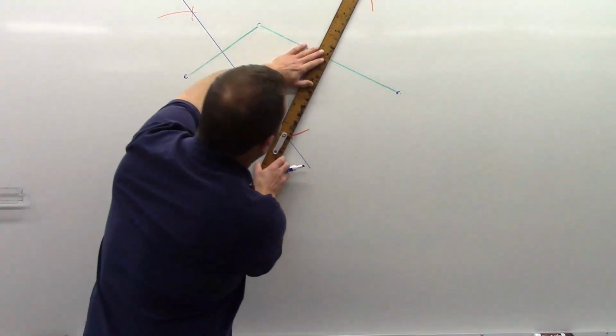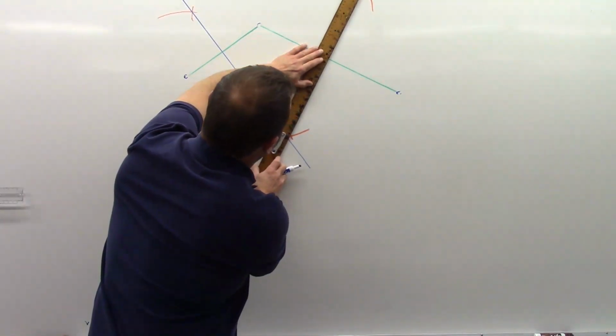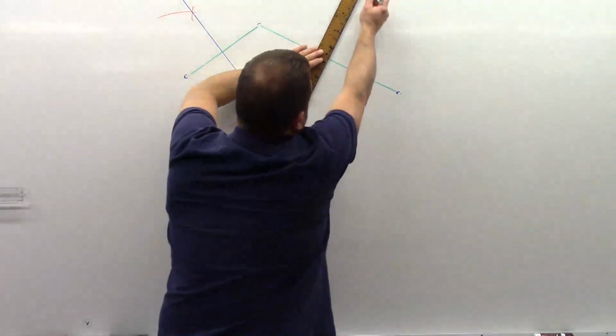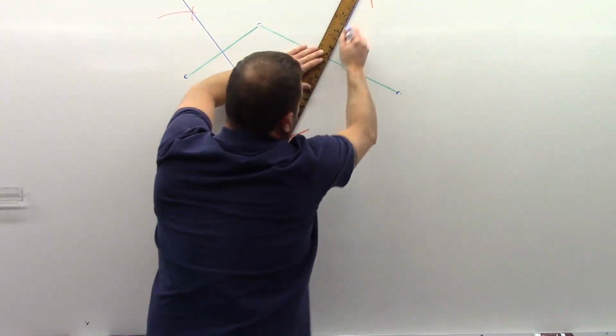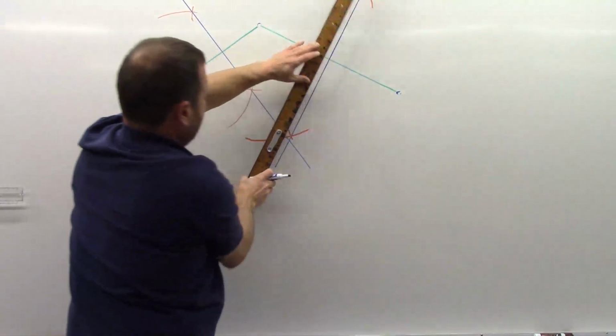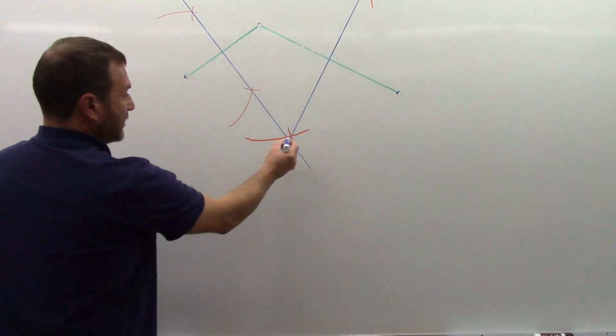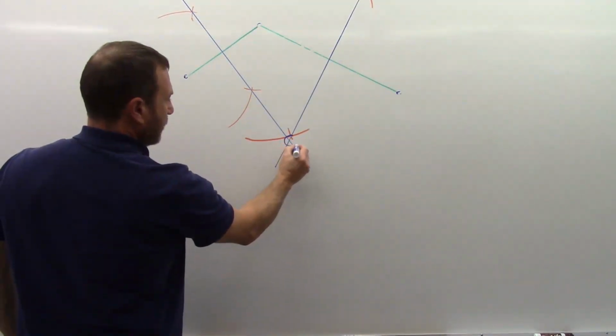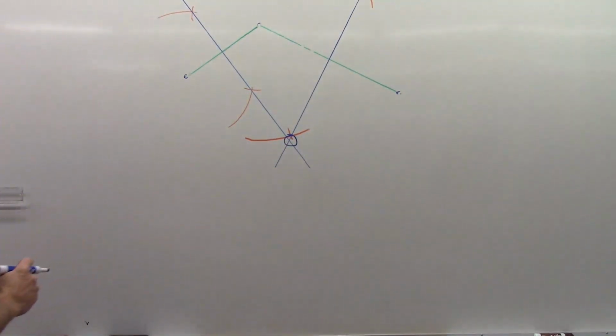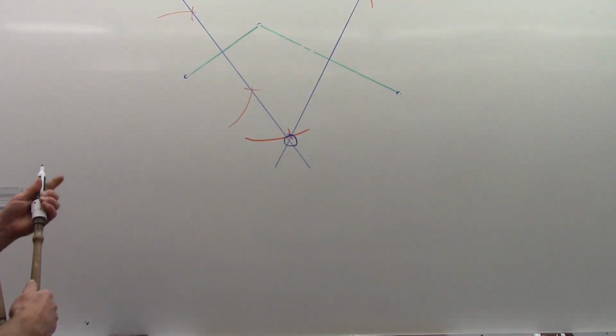Now I'm going to connect these two. And what I really want is the intersection of those two lines here. Okay? And now that becomes my radius point for the arc that will run through 3 points.